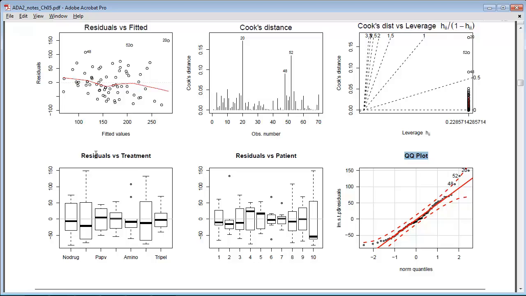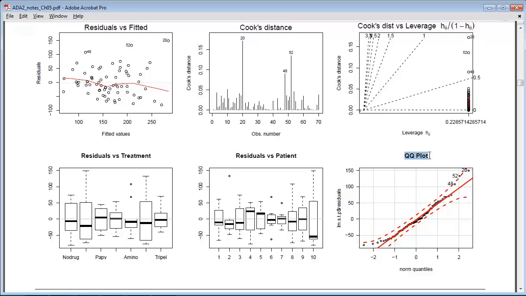The variance should be the same regardless of treatment and regardless of the block or the patient. We should also not see any structure in the residuals versus the fitted values or anything else. And no observation should be so influential that it dictates the differences that we observe.